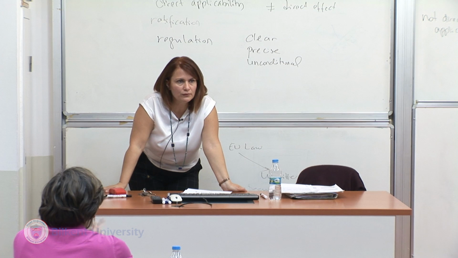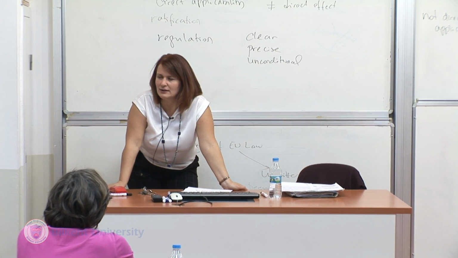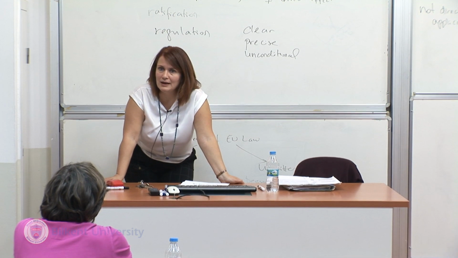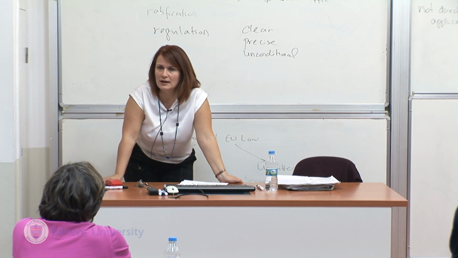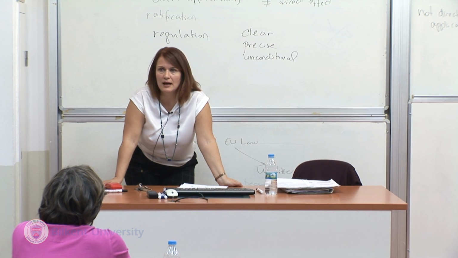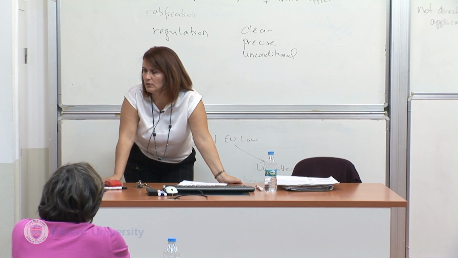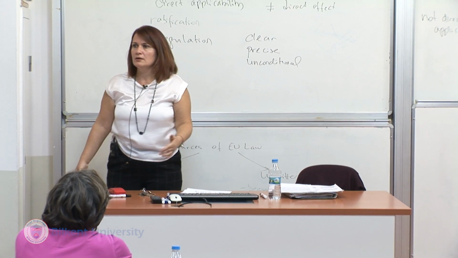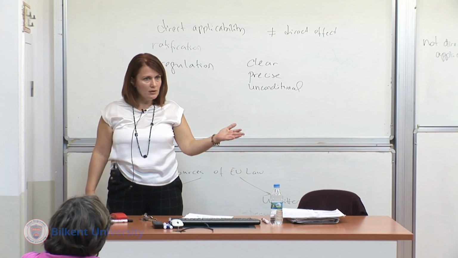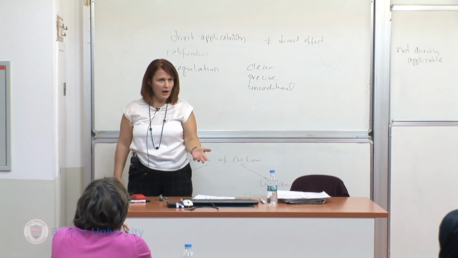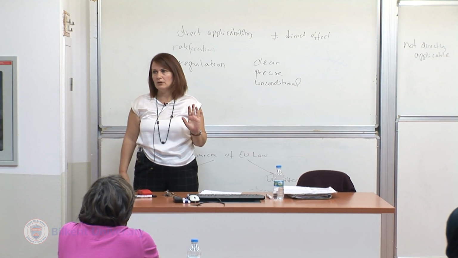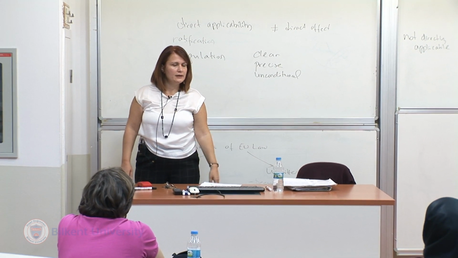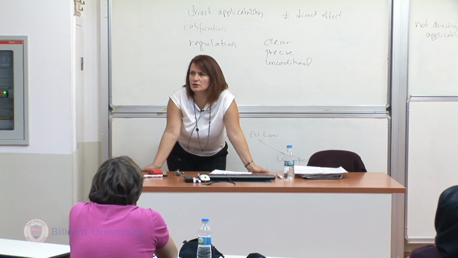And the main tool for asking about direct effect of an EU instrument is the preliminary rulings procedure, where the national court stays the proceeding and asks the European Court of Justice. All right? Because then it will tell that individual that, okay, we can go on because the provision gives you this right, or no, stop here because you don't have a right to take an action before the national court.